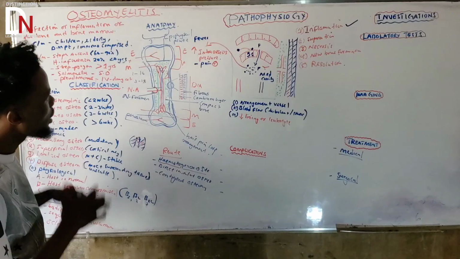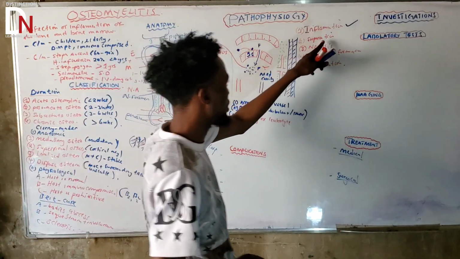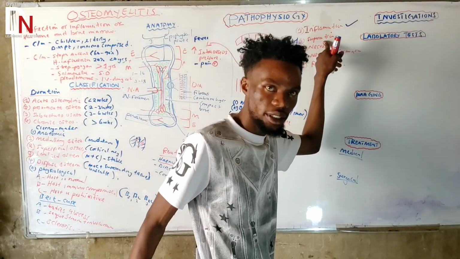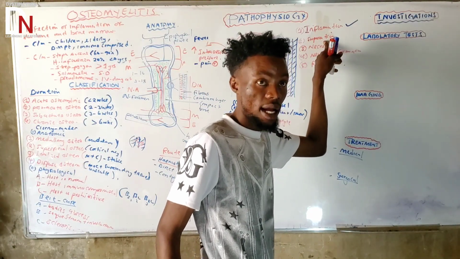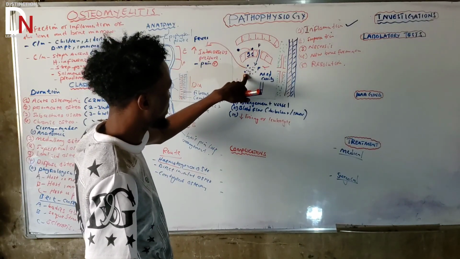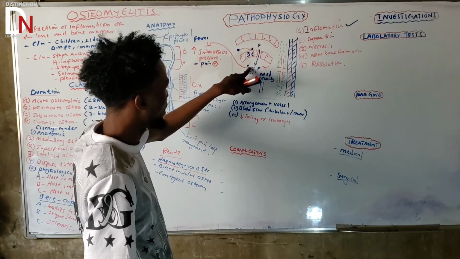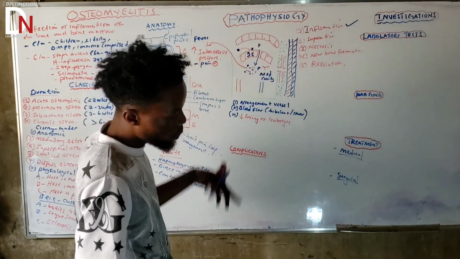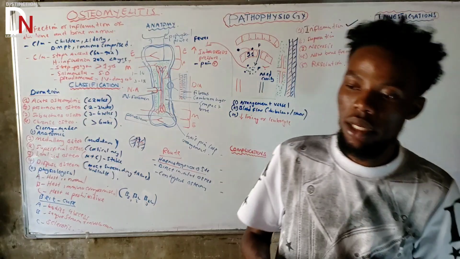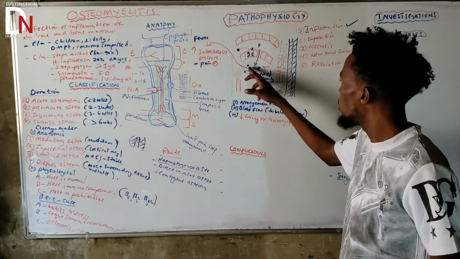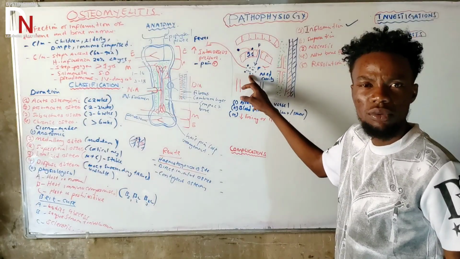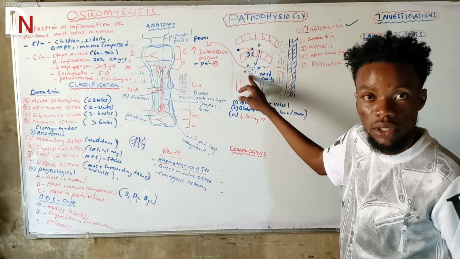Now let's go to suppuration. What is that? Pus formation. How does pus form? This fluid which is here, with the bacteria, since there is ineffective phagocytosis and other things, the combination of white blood cells and fluid proteins is going to cause what we call pus.